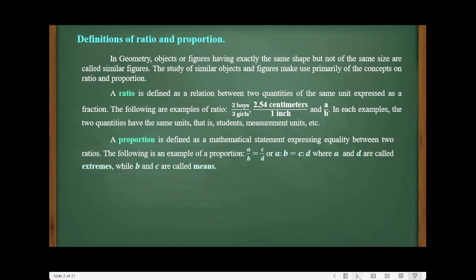Now, what about the proportion? A proportion is defined as a mathematical statement expressing equality between two ratios.